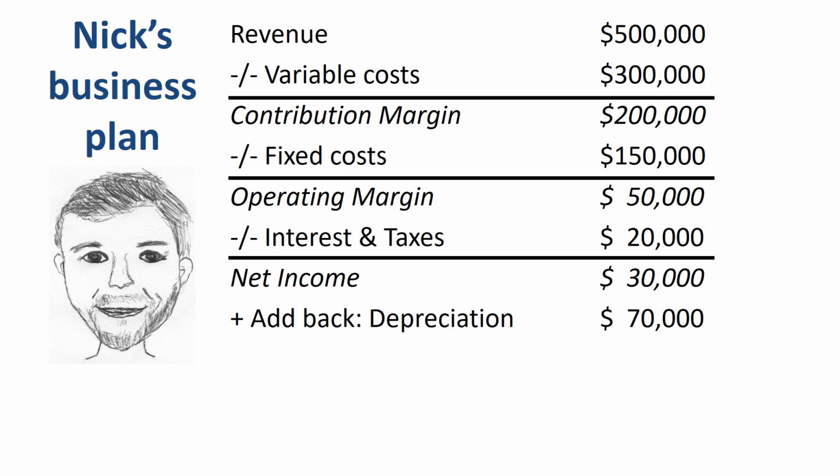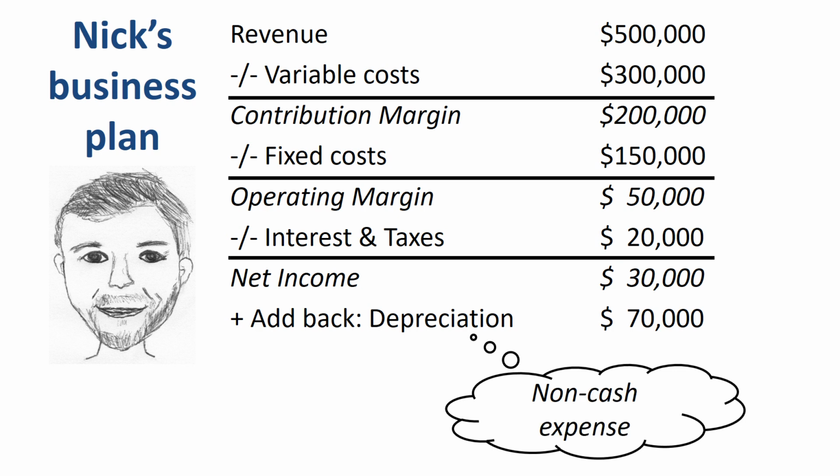Depreciation is just spreading that investment amount over the years, accounting for the use of the production equipment as an expense. In Nick's example, the fixed costs that we deducted in order to calculate the estimated profit included $70,000 of depreciation. For Nick to get to the cash flow picture, he needs to add back the depreciation that was deducted earlier.